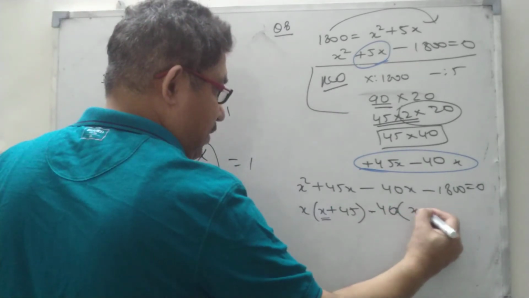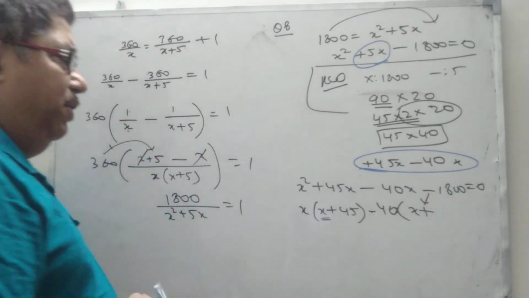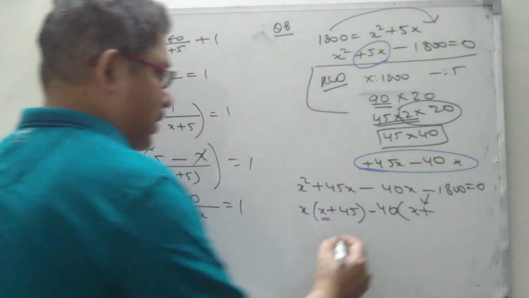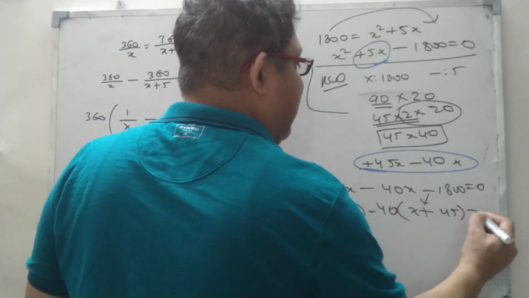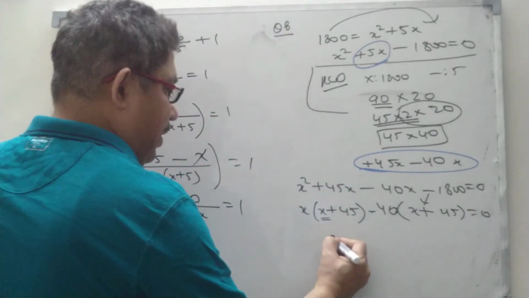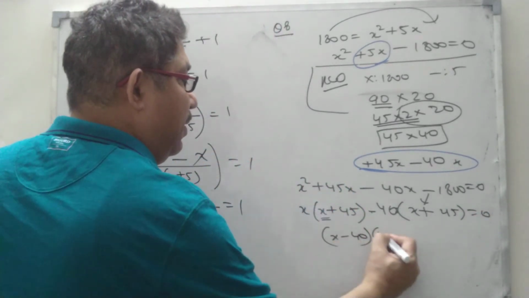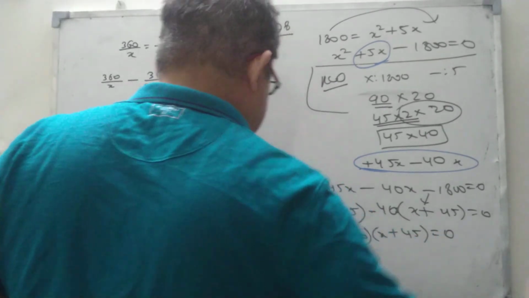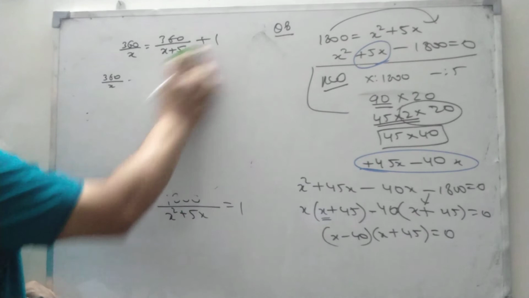Minus will become plus. Whenever you take minus sign common, the internal sign has to change. So this is 40 into x plus 45 equal to 0. x minus 40 into x plus 45 equal to 0.